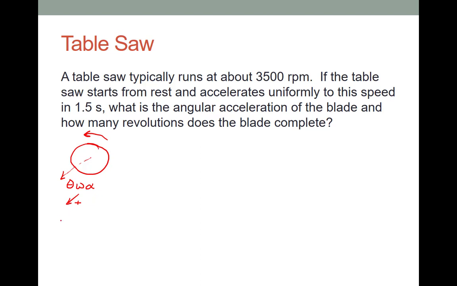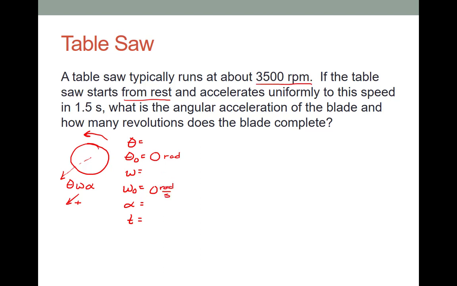Okay. I can now write my grocery list. Just as we had when working with these equations linearly, we are free to put our 0 for position anywhere we want. So I'm going to make the initial angle 0. The initial angular velocity, we're told, is from rest, so this is 0 radians per second.